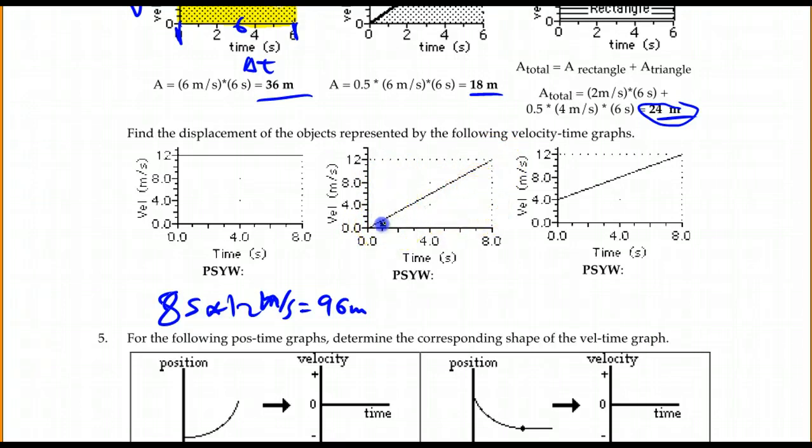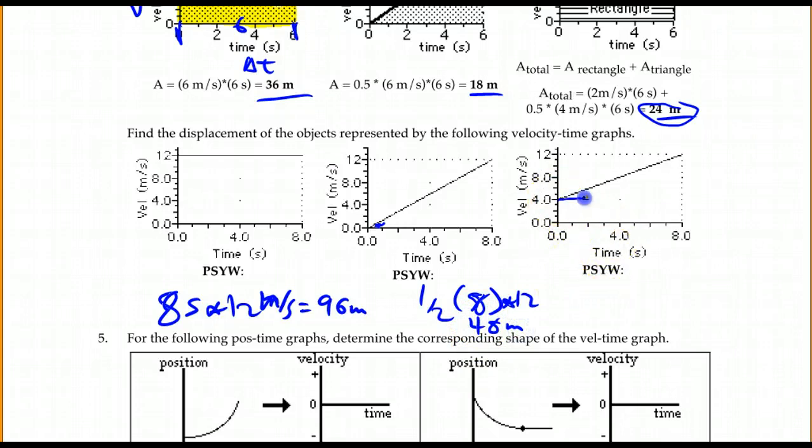Notice we didn't travel very far at first, but now we're traveling a lot of distance at the end. So again, that forms a triangle. That's going to be 1/2 of 8 times 12, which is half of 96. That's going to be 48 meters.